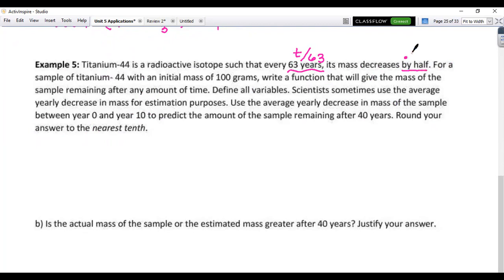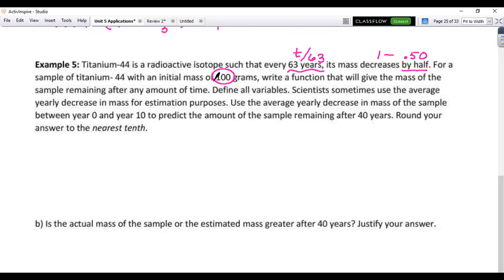Yep, 0.5. And technically decrease means I would be doing 1 minus 0.5. For a sample of titanium-44 with an initial mass of 100 grams, write a function that will give the mass of the sample remaining after any time.